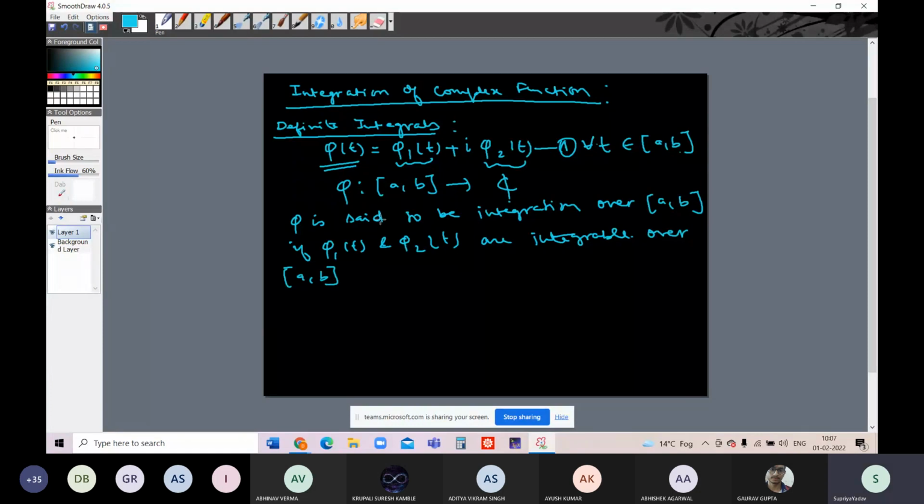If these two functions are integrable over this interval a b, then we can say that this complex valued function phi t is also integrable over the same interval a b.